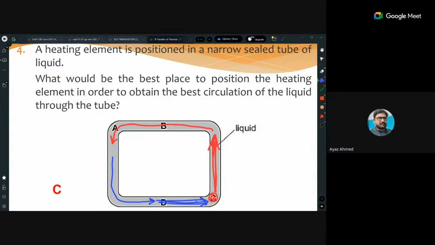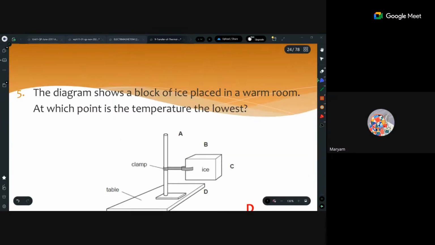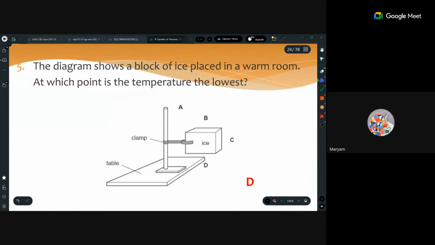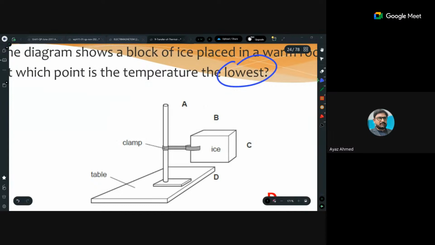Okay. Go through this, it is a very important question. One diagram shows a block of ice placed in a warm room. At which point is the temperature the lowest? This is the ice. Where should the temperature be lowest? D, because the air particles closer to the ice interact with the ice.